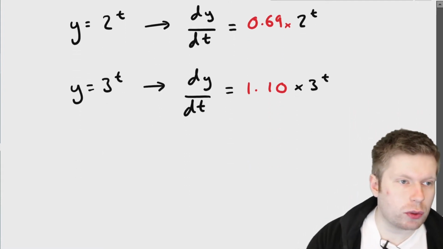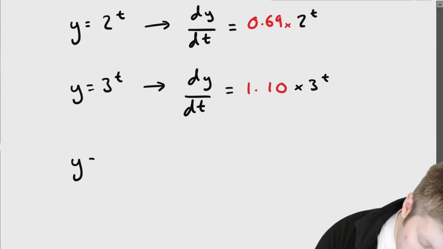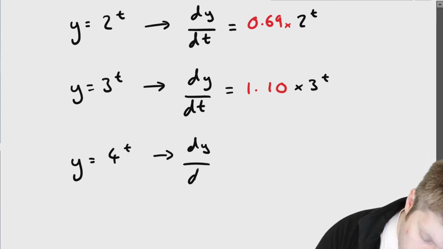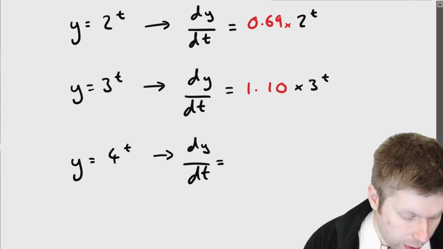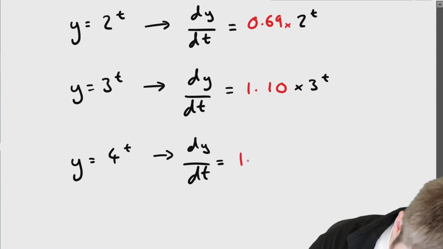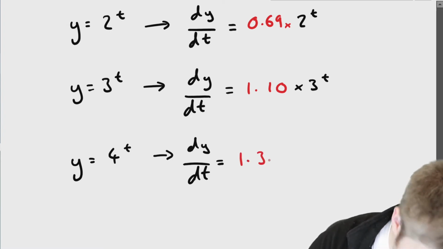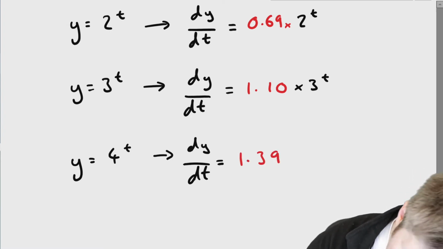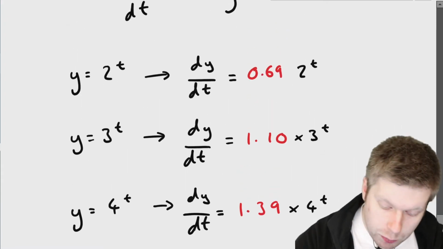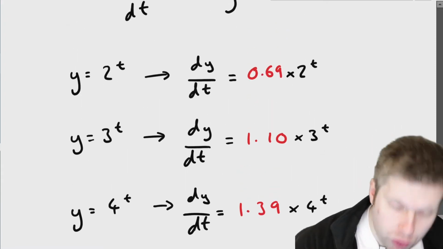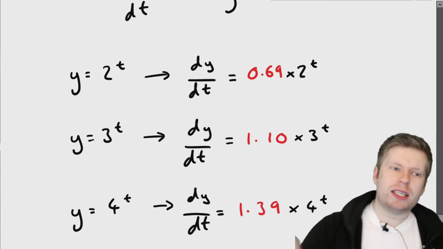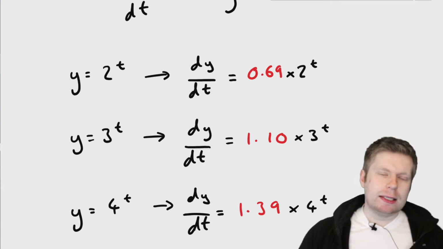If I look at another situation, for example, y equals 4 to the power of t, then in that case, the rate of change of size is going to be 1.3, or 1.39 actually, times my size, so that's 4 to the power of t. So in other words, it's always going to be off by some constant. The rate of change, how quickly I'm growing by, is always going to be off by some constant of my size, whatever size I'm at.